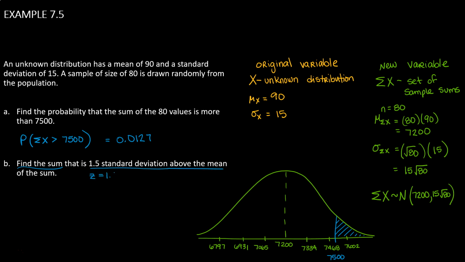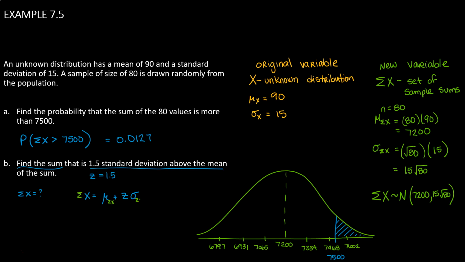That's like saying a z-score of a positive 1.5. We're looking for the value of capital sigma x when the z-score is 1.5. We've done this before where we used an equation like x equals mu plus sigma times z, but we have to make a little bit of a modification here because we're not looking for an x, that was our original variable. We're looking for a capital sigma x.